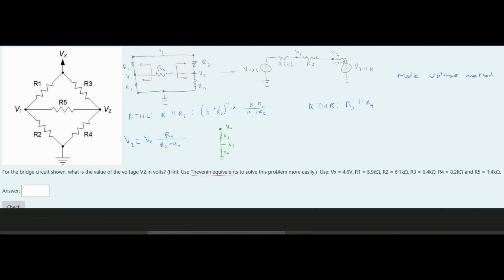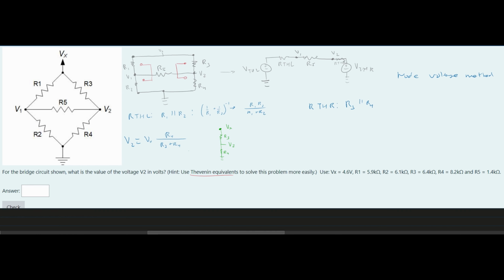And so we know we have our V2 like this. We have our voltage source right here, and then we are going to ground because this is set to 0. So it's just focusing on this. It's all happening over R4, and then we need the sum of our resistors, R3 and R4, and that's how we get that.